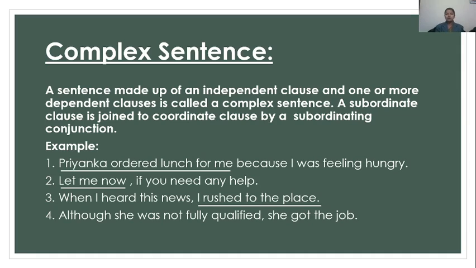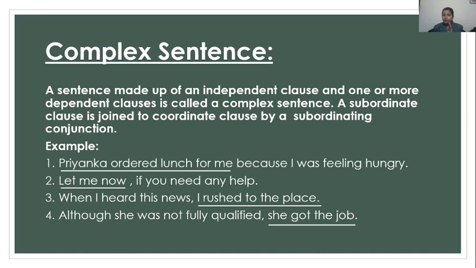The last one is: although she was not fully qualified, she got the job. Which one is the independent clause? She got the job. And which one is dependent? Although she was not fully qualified. Children, pay attention to one more thing.